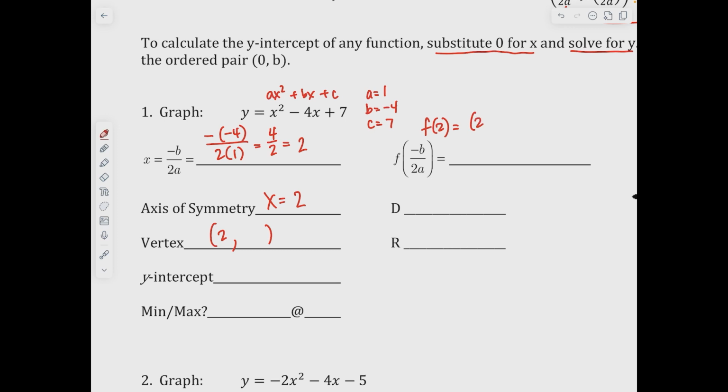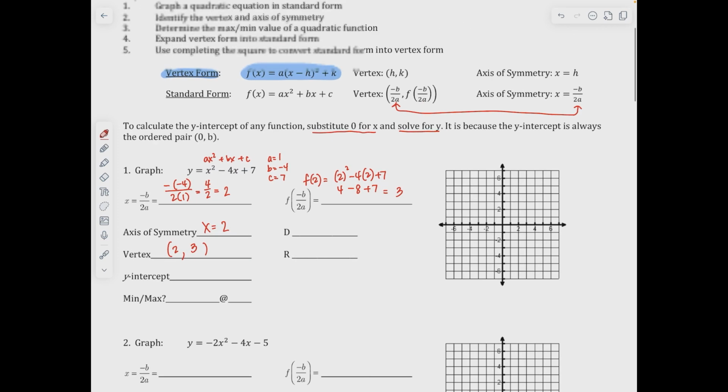So I substitute in 2 for x into my function to get the y coordinate. 2 squared is 4, 4 minus 8 is negative 4, and negative 4 plus 7 is positive 3. So my y coordinate is 3. If I take a look at my graph, if I go to 2, 3, that is the location of my vertex, and there is my axis of symmetry, the vertical line that goes right through it.